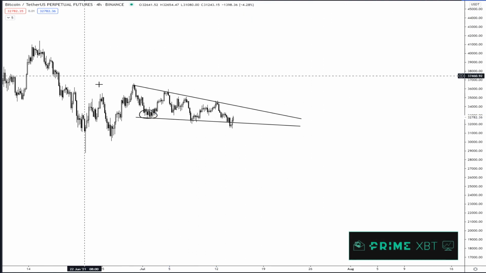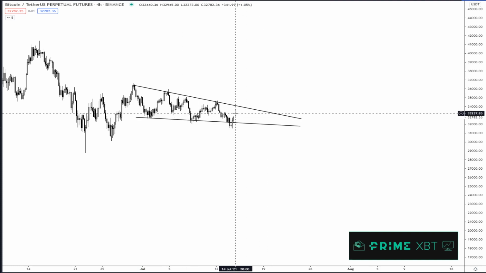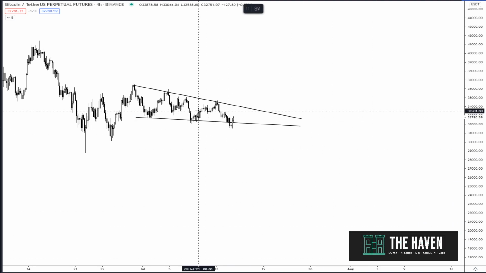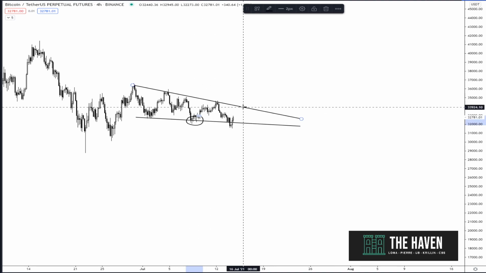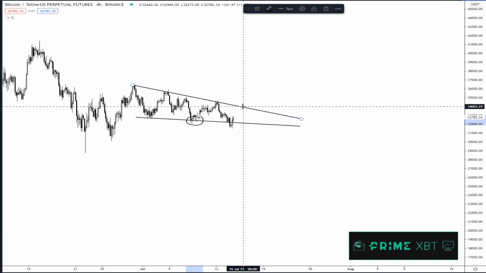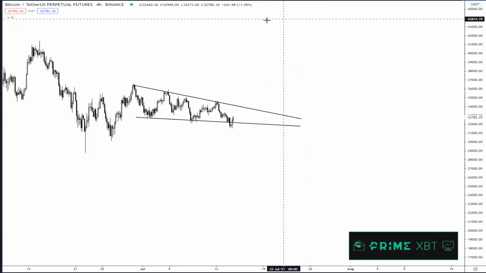If we don't bounce much further than this, I could argue that we will be selling off just because, again, we swept all this liquidity here. In theory, we should just be bouncing right back up to 34K. Okay, so that's the foundation of my argument.